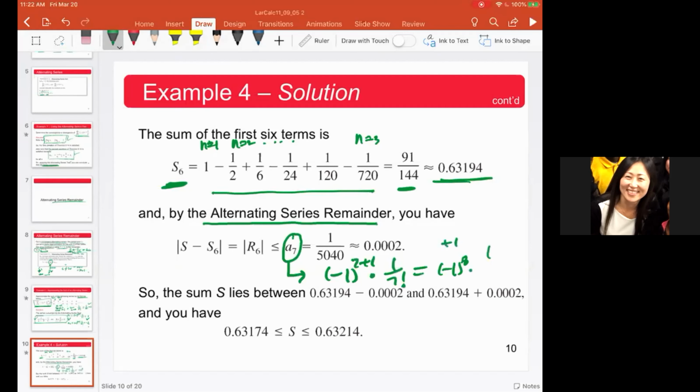And 7 factorial means 7 times 6 times 5 times 4 times 3 times 2 times 1, so that equals 1 over 5040, which is the same as this number right here. The remainder, the error term, is going to be less than this number.